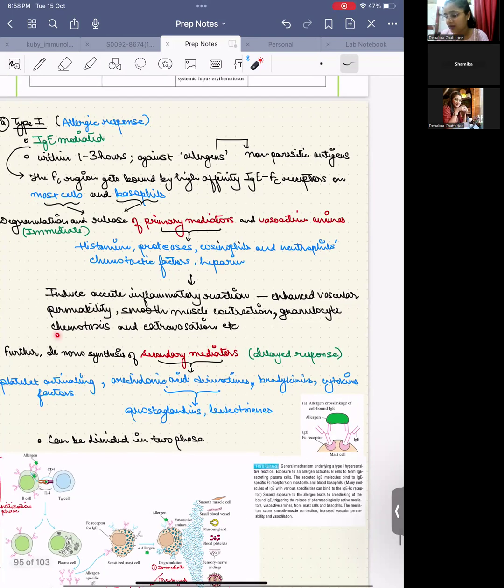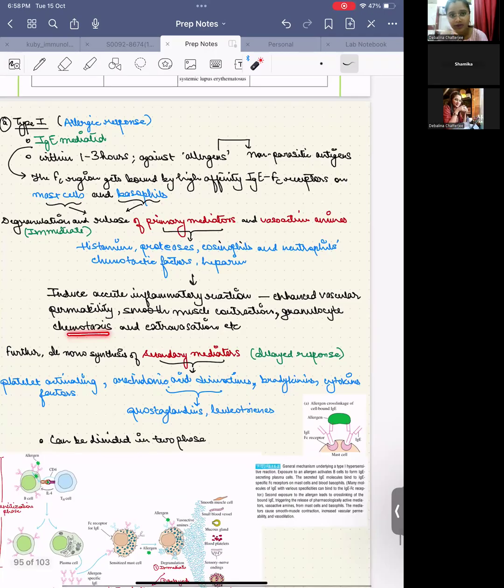We have chemotaxis of a lot of active cells. Granulocytes have a lot of active enzymes packed inside them, so all the granulocytes can come to the site of infection, or the site where there is an encounter with an allergen, and extravasation, and eventually they will also migrate into the tissue.